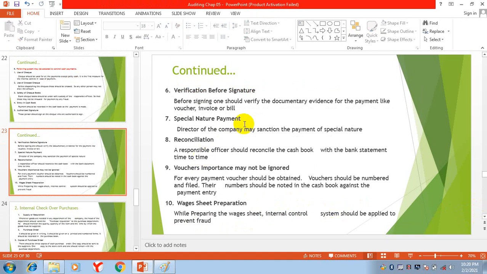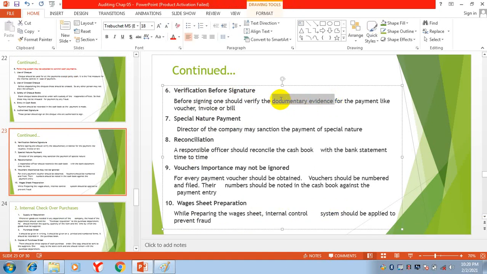Verification before signature. Before signing, one should verify the documentary evidence. The person responsible for signing will first verify the documentary evidence for the payment, like the voucher, invoice or bill. After that, he will sign the check.